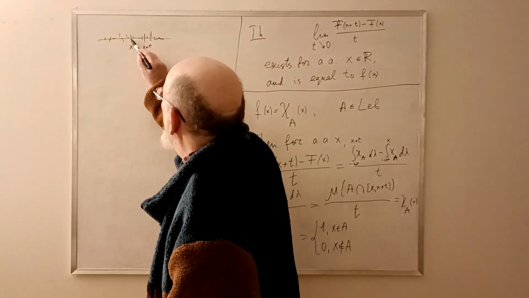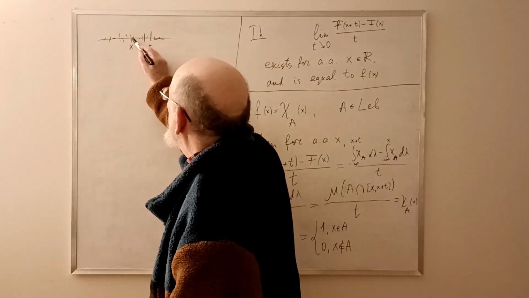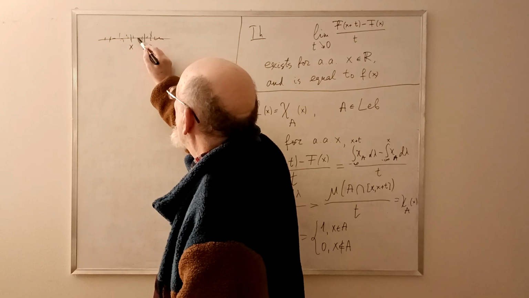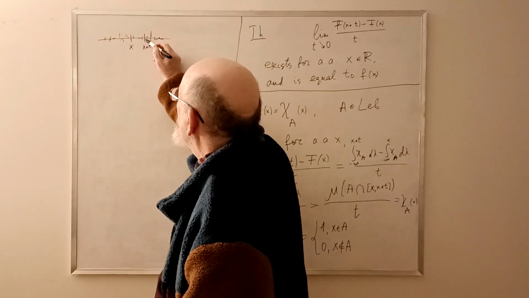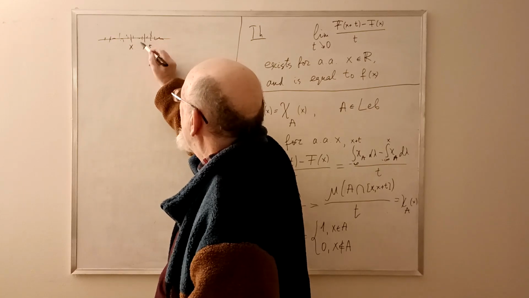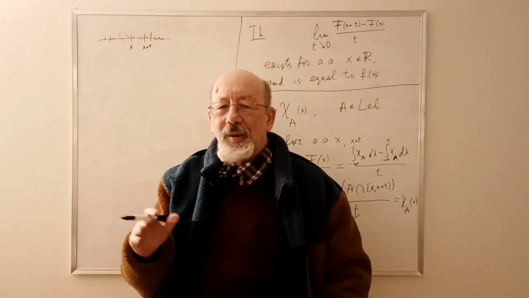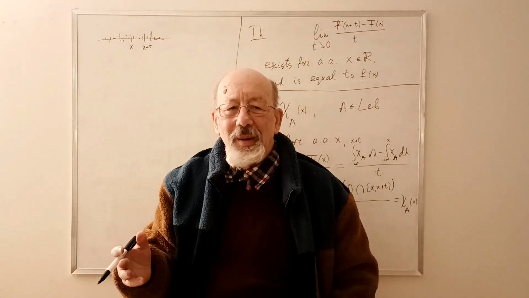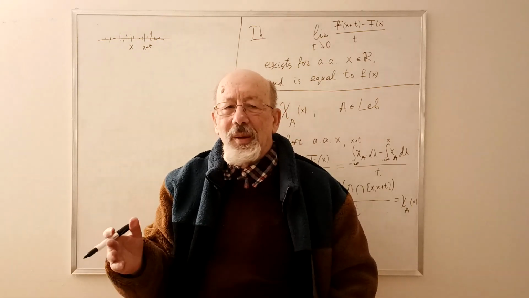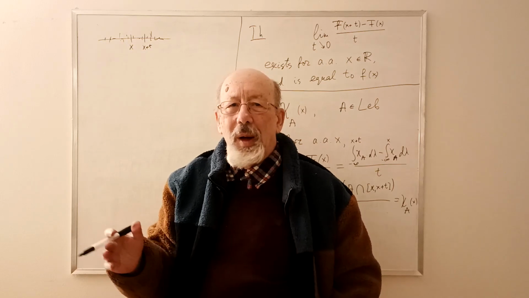We take the mass or measure of this set A from x to x plus t divided by t. It is a sort of density of this set. It is definitely between 0 and 1.